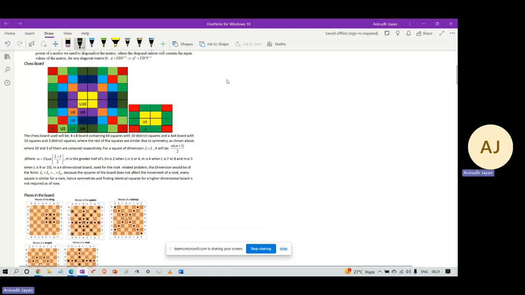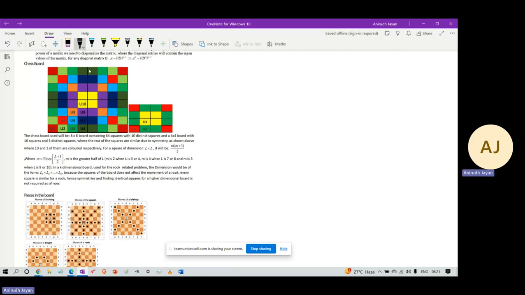Let us observe the chessboard. The chessboard of 8 cross 8 has 10 different distinct squares. We have colored it with 10 different colors: U1, U2, U3, U4, U5 till U10. Now this is based on the symmetry of a square.